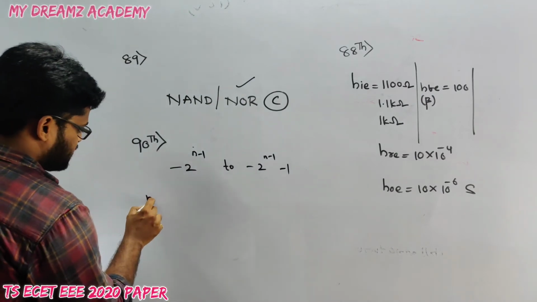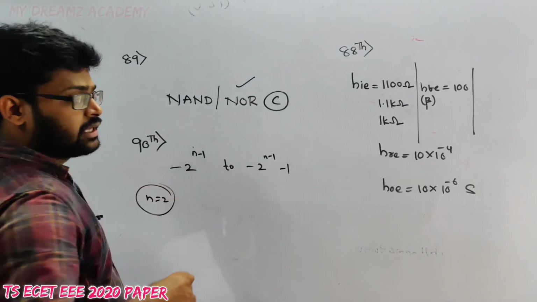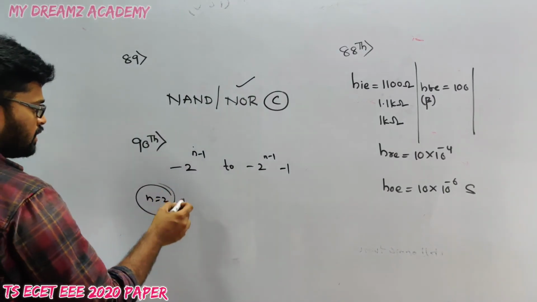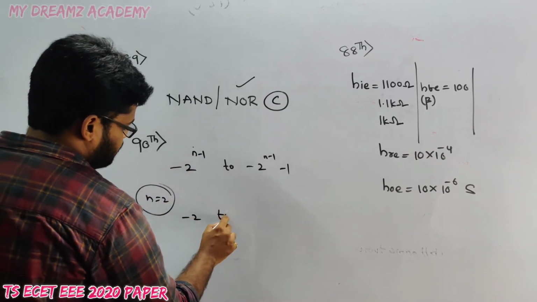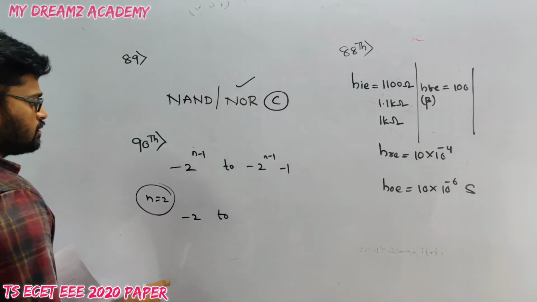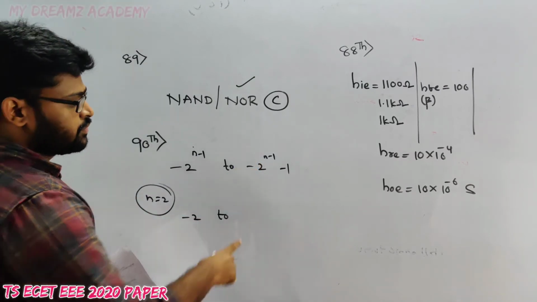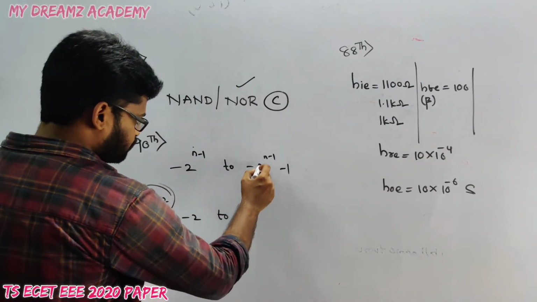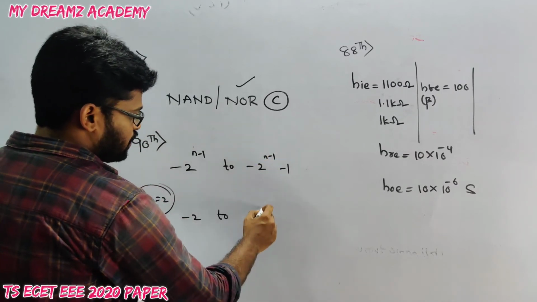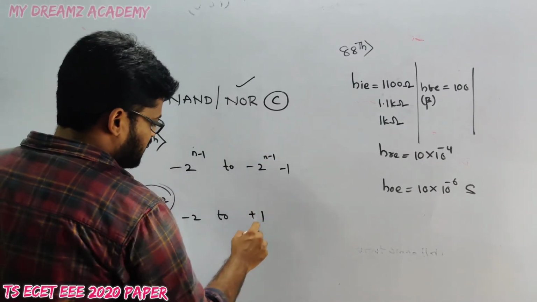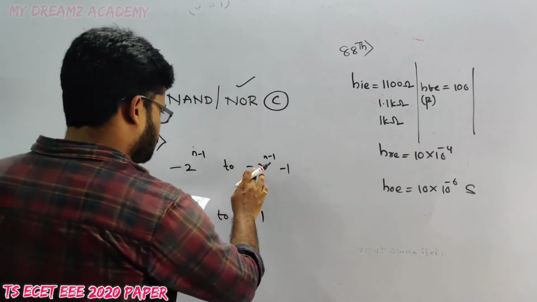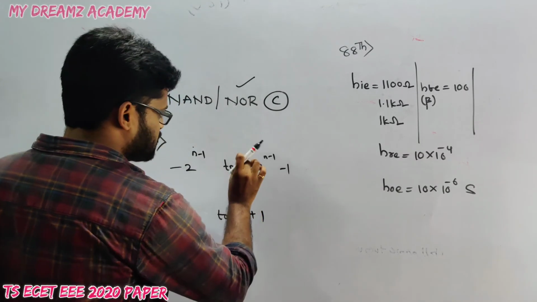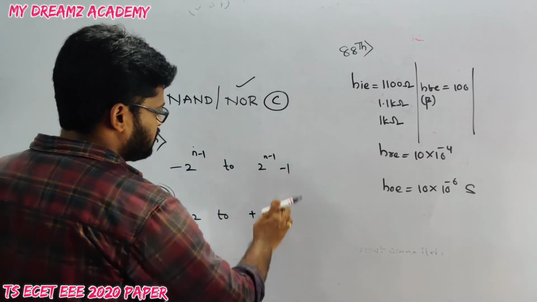Let us take n equals 2, for example. Then 2 minus 1 gives 1. So it is minus 2 to plus 1. Actually this upper limit is plus, 2 to the power of n minus 1, minus 1.